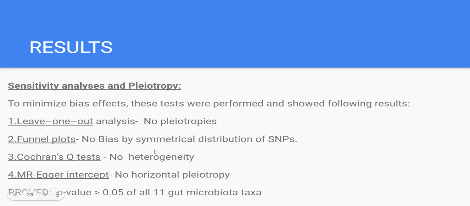It proved it. And then Cochran's Q test also showed the lack of heterogeneity. So it proved our hypothesis as well. The other is the MR-Egger intercept. It also showed that there is no horizontal pleiotropy among all the 11 microbiota taxa. So they all prove it, and the p-value was more than 0.05 for all the 11 gut microbiota taxa.